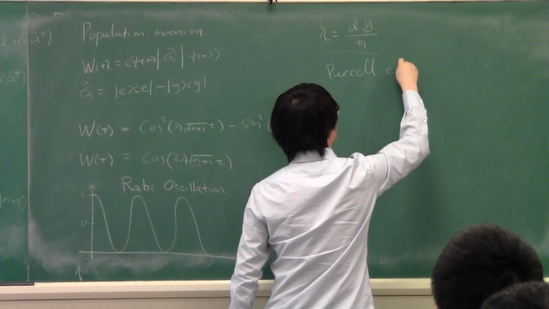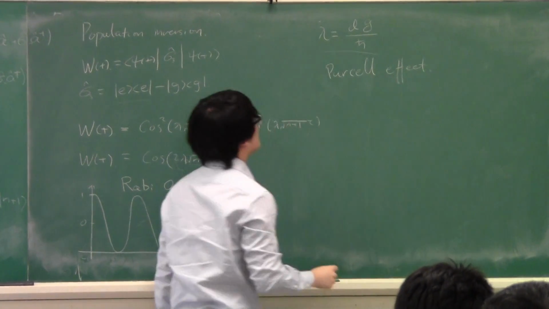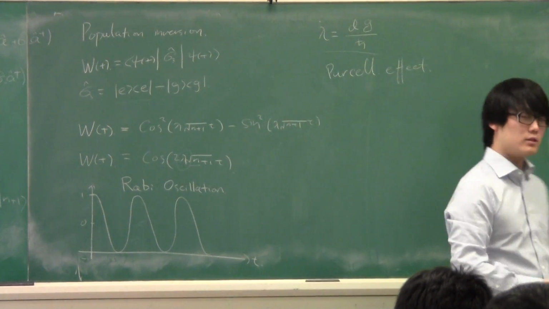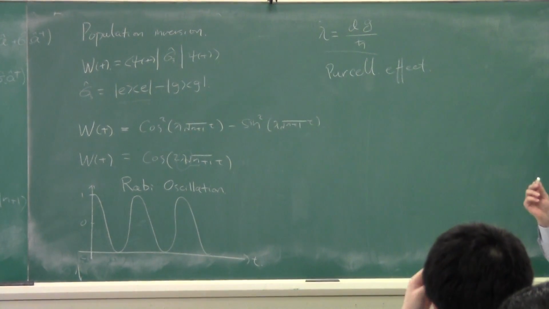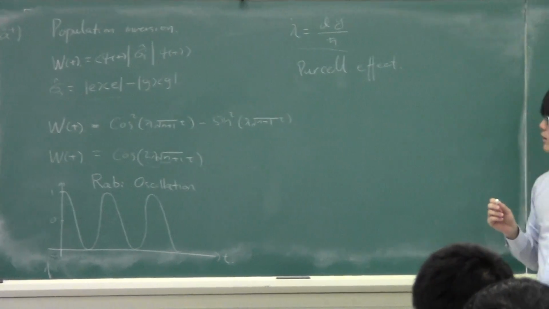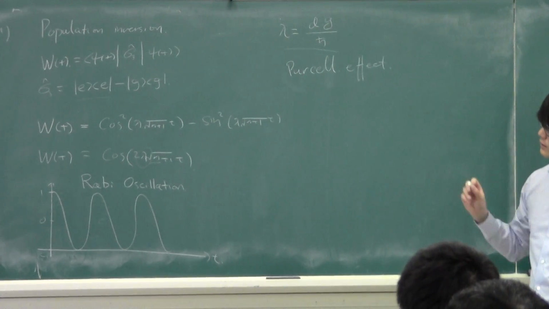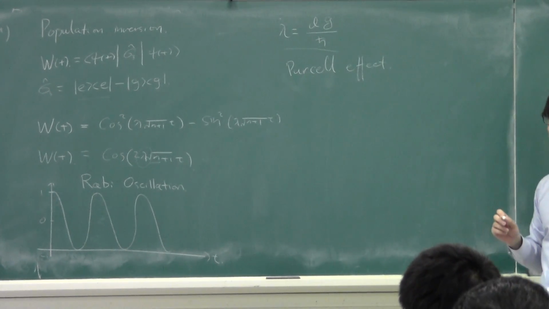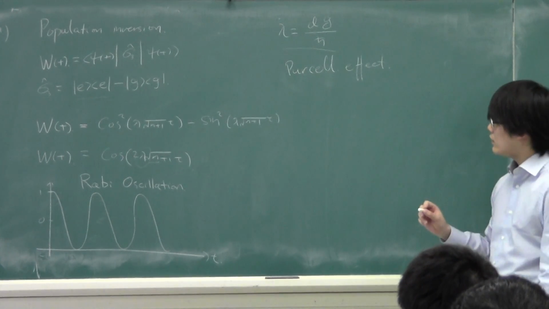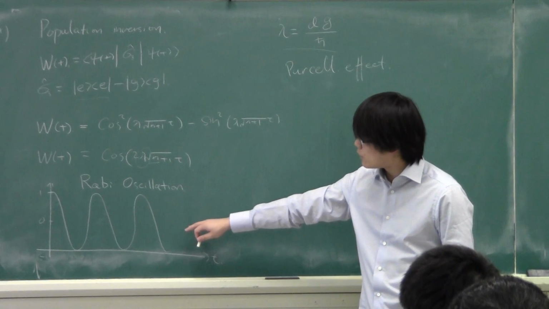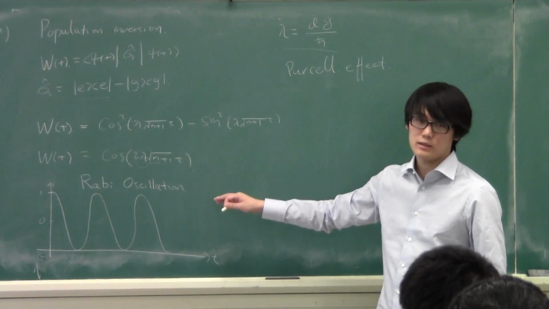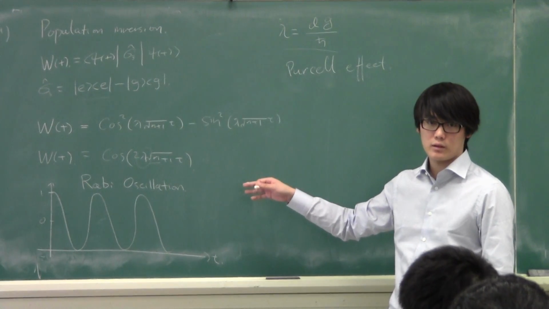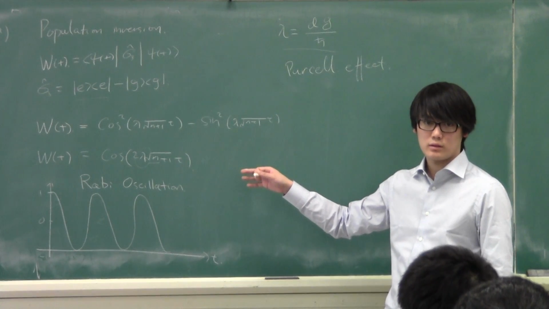Purcell effect. Later, we're going to see a different version of this in the off-resonance case. But it tells you that you can engineer in a cavity how much the atom wants to emit a photon. The spontaneous emission can be engineered. This is for when we're considering a lossless cavity, meaning that the cavity was terminated by perfectly reflecting mirrors.